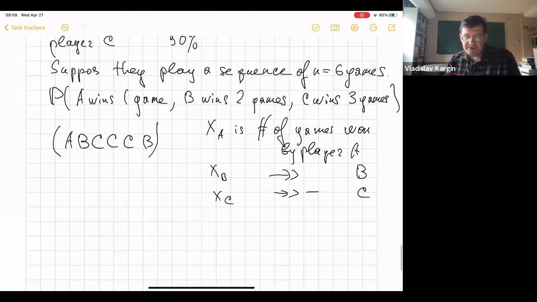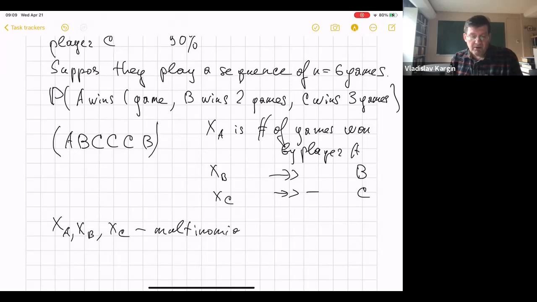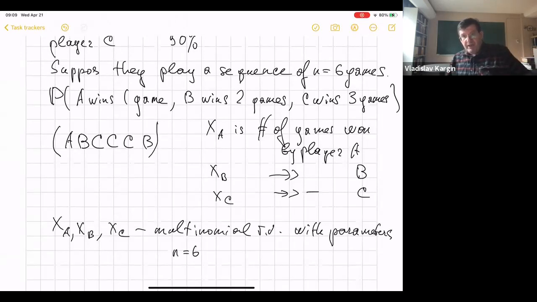So now with these 3 random variables XA, XB, and XC, this is a multinomial random variable with parameters n equal to 6, the total number of games, so XA plus XB plus XC should sum to 6.